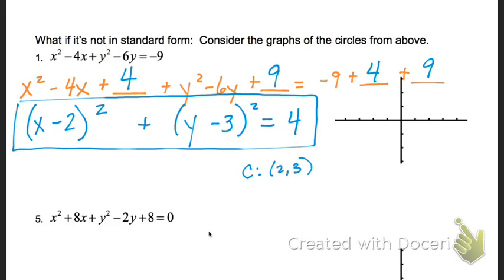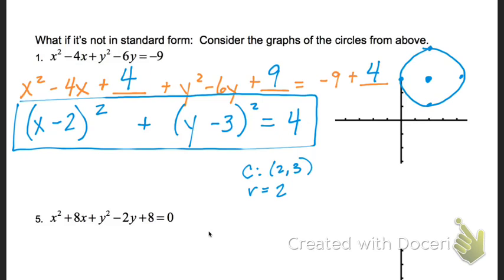Do we have to write the little C with the 2, 3 next to it? No, not unless it asks for it. And then my radius is 2. So I'm going to go out 2 on every side and draw my circle.